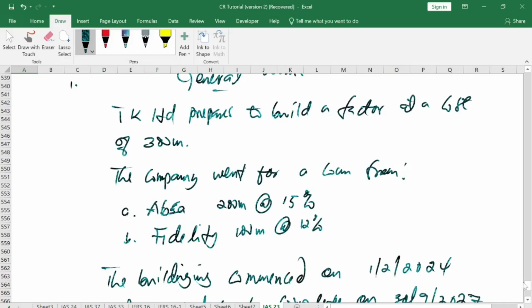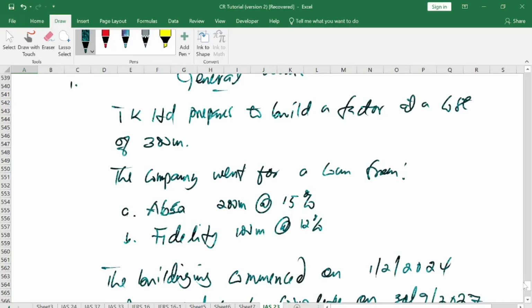When you went for a loan for a project where the project is being funded through a pool of funds, that is, the total project cost is 300 million but it is funded through more than one source, we call it general loans, or general borrowing cost.